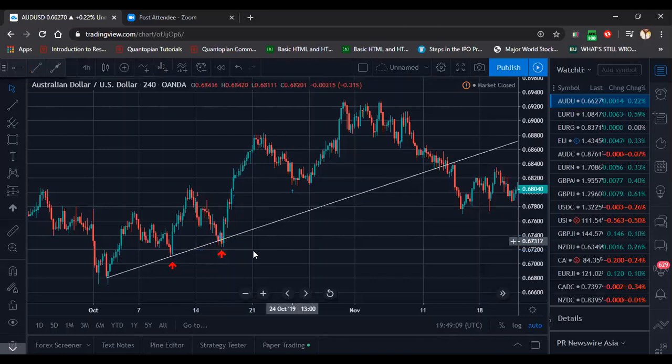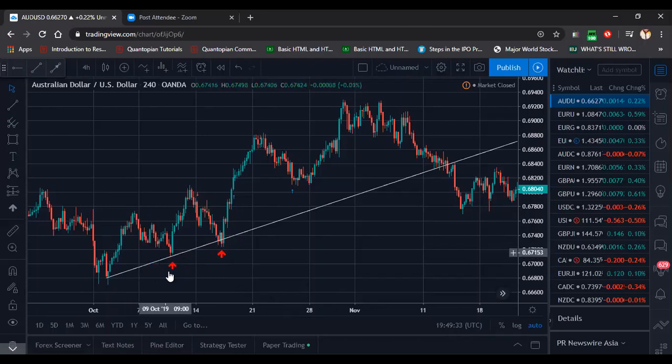Yeah, so as a trader, once you get your trend line, you look at how price is trending up. So what did I say? You buy at a support and you sell at a resistance. So once price is going up, you are looking for an opportunity to buy this particular currency. So price goes up, it comes back to test your trend line, then you buy here.